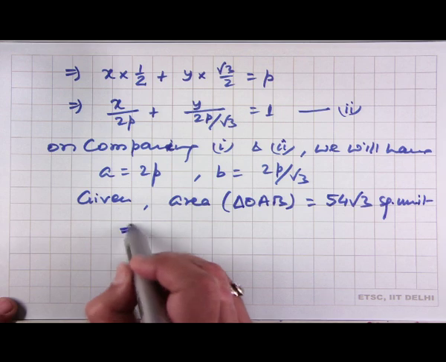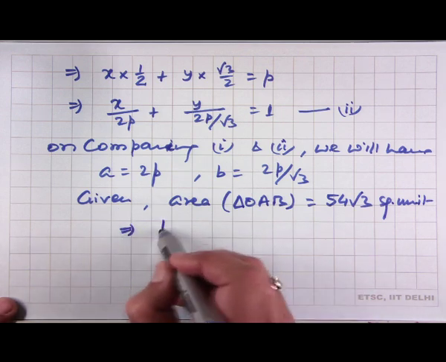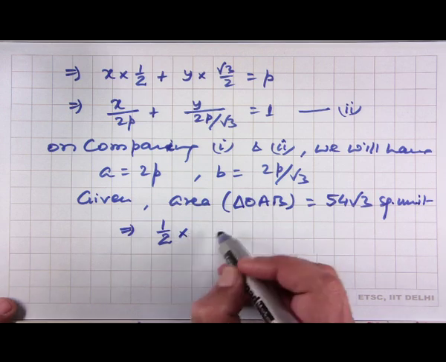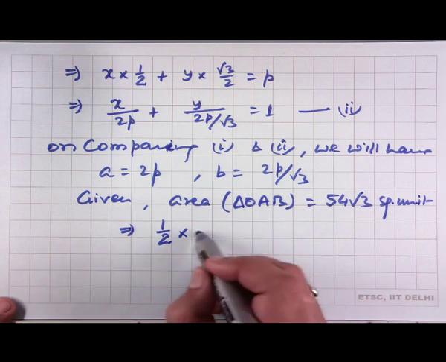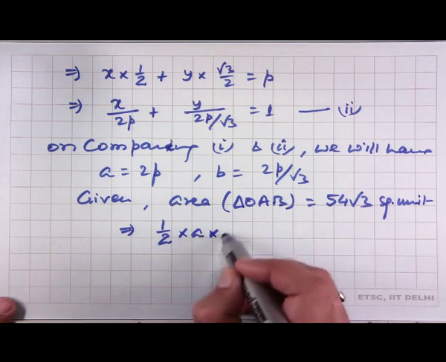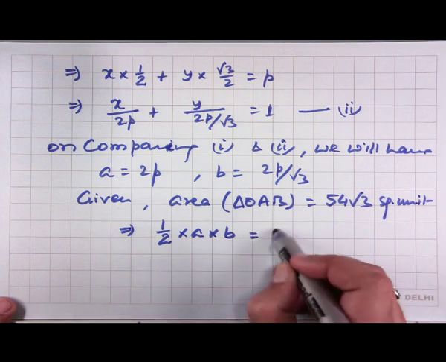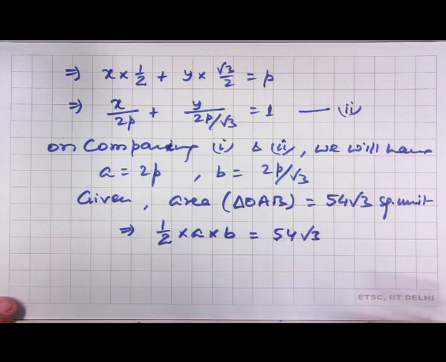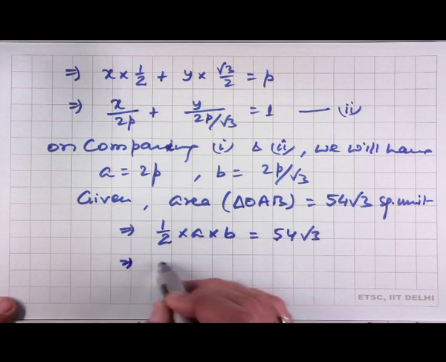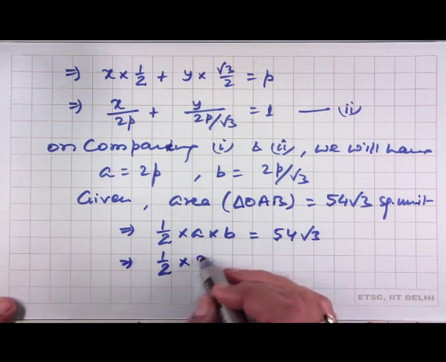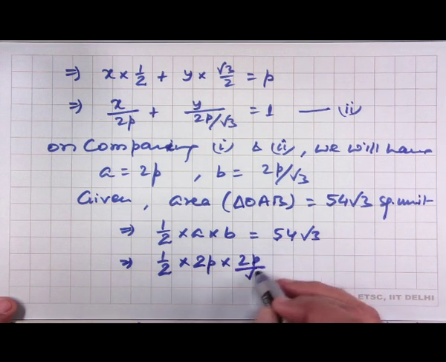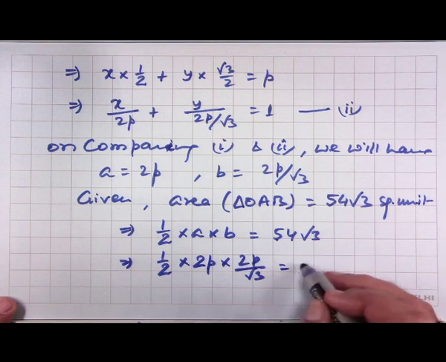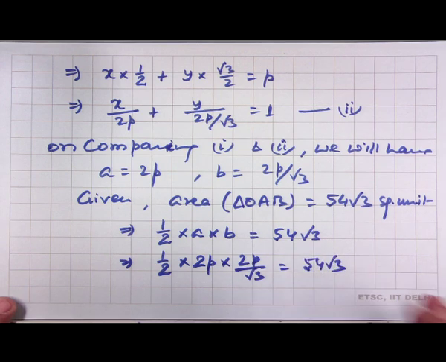So for right angle triangle, we know that half into base into height. So half into a into b equal to 54 root 3. So this implies half into 2p into 2p by root 3 is equal to 54 root 3.